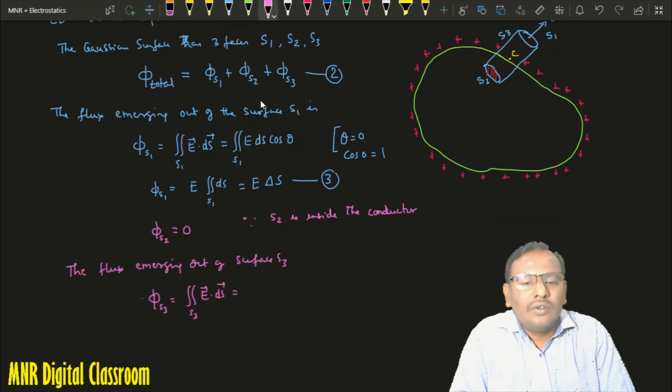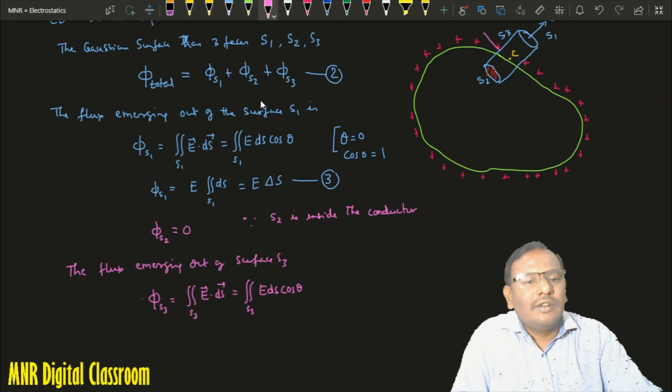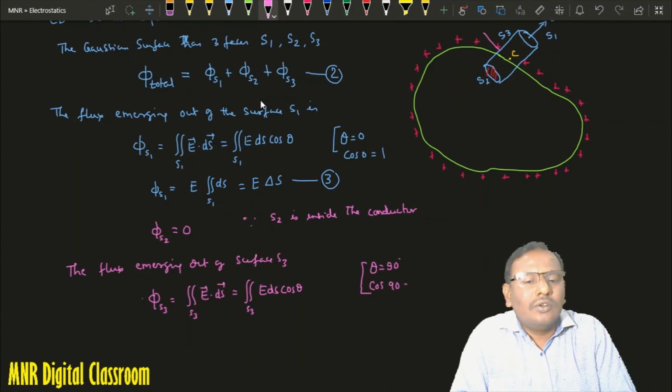This is equal to the surface integral of E ds cos theta. But in this case, the normal drawn to this surface is perpendicular to the electric field. Therefore, theta in this case is equal to 90, so cos 90 is equal to 0. This implies the flux through the surface S3 is equal to 0.